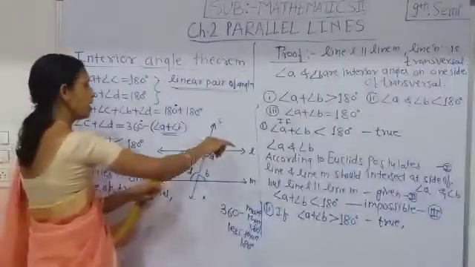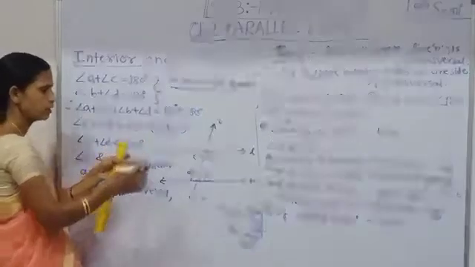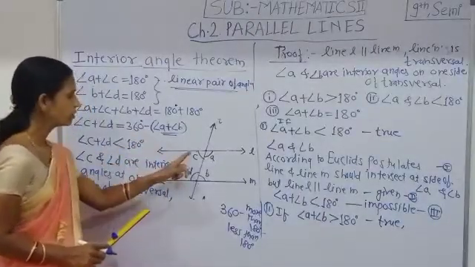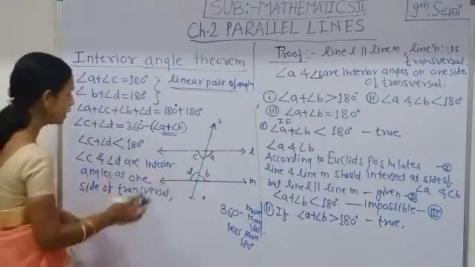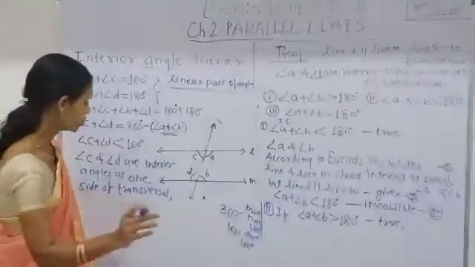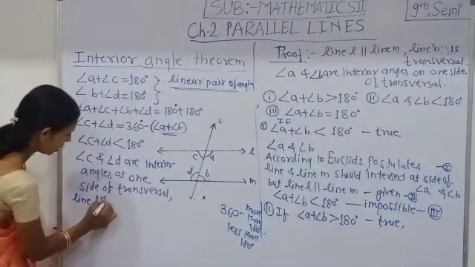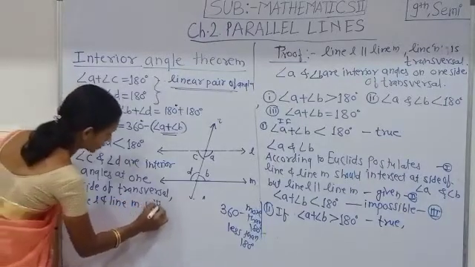Therefore, line L and line M should intersect each other at the left side, on the side of angle C and angle D, according to Euclid's postulate. Therefore, line L and line M will intersect.